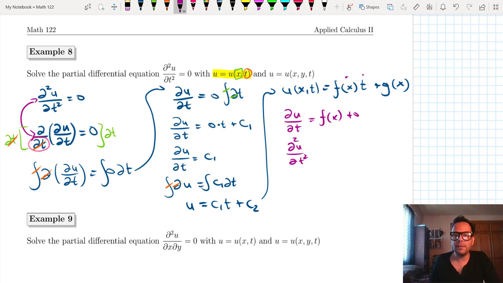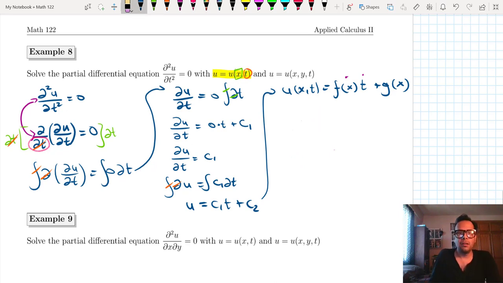The derivative with respect to t of something that depends on x is treated like a constant, so it is 0, and that's how we show that this is indeed a solution. It only has f of x, g of x, and the one letter t, but it will make more sense when we do some more examples with actual functions, which we're going to do soon.